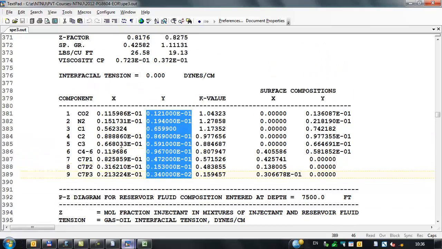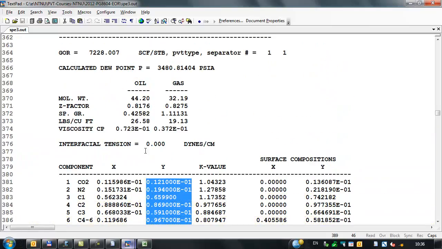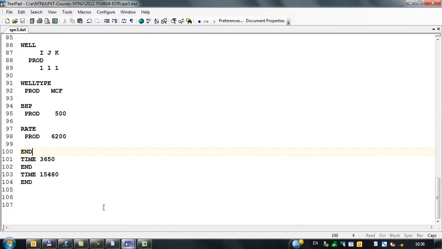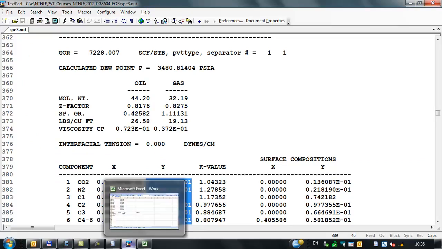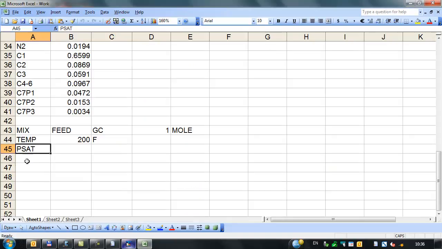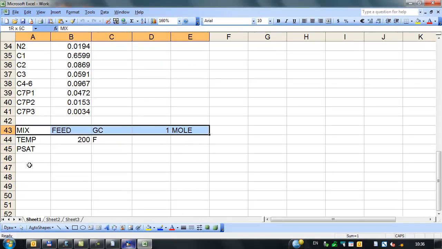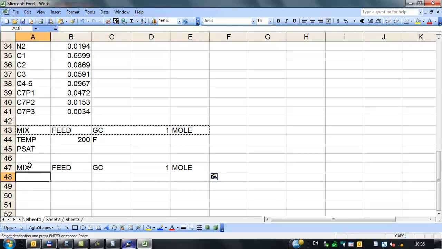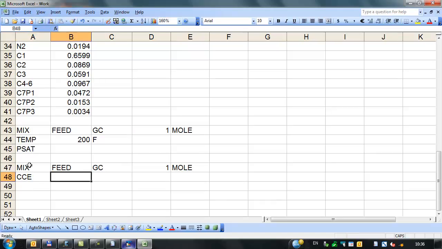And then we need some properties, viscosities. That's not printed automatically, so we'll ask for that here. We'll do another experiment, a CCE experiment. Give it an ID.